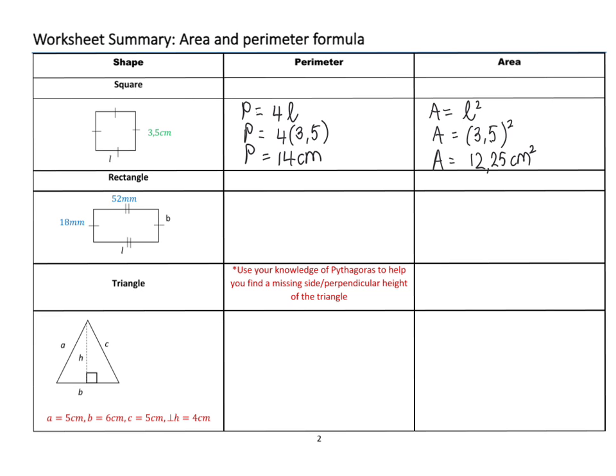Now for the rectangle, straightforward. Once again, we would literally go length plus width plus length plus width. But rather than that, I notice that I have 2 lengths and 2 widths. So a better way to write it would be to just go and say 2 of the same length measurements plus 2 times the same width measurements.